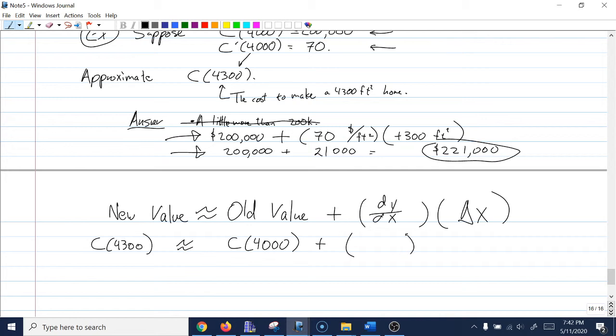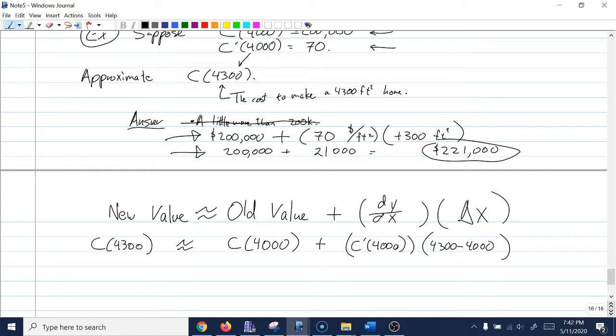I know what C prime of 4,000 is, that's the derivative. I wrote dy dx, but in that case it's dC dA. And that delta x is saying how much did the x's change by? That came from 4,300 minus 4,000.